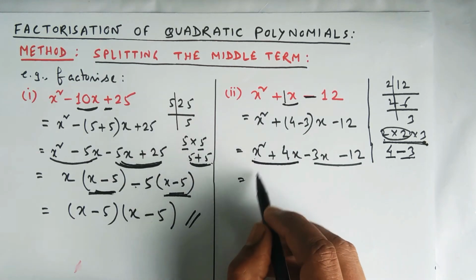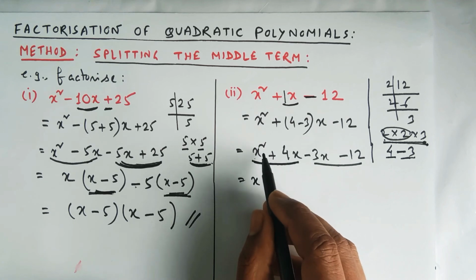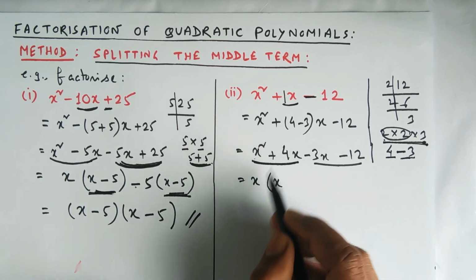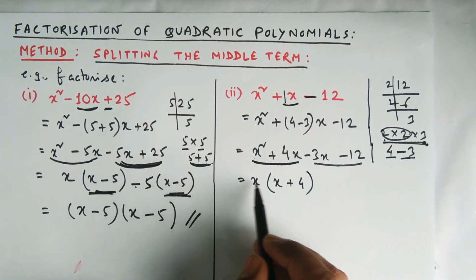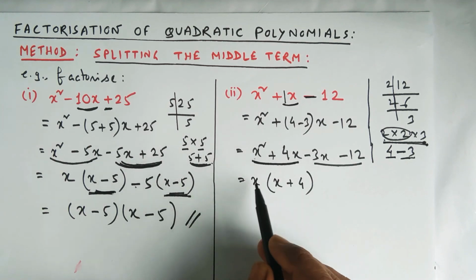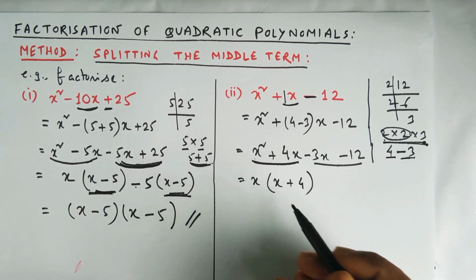From 2x if I take 1x common, from x square, x into x, 1x gone outside, 1x is left. x already gone outside, what is left here? Plus 4. Check it once again, plus plus plus, x into x, x square, correct, here plus, plus plus plus, x into 4, 4x.